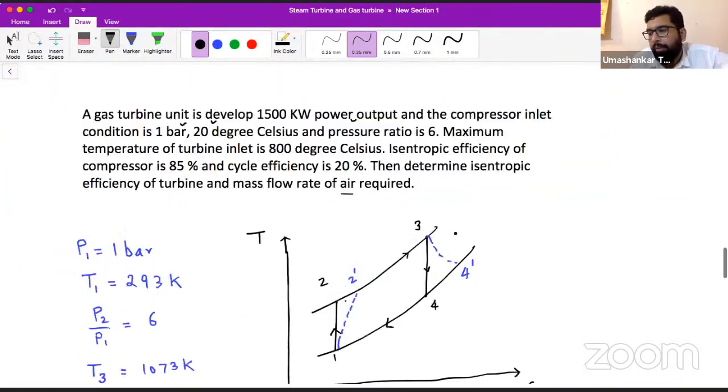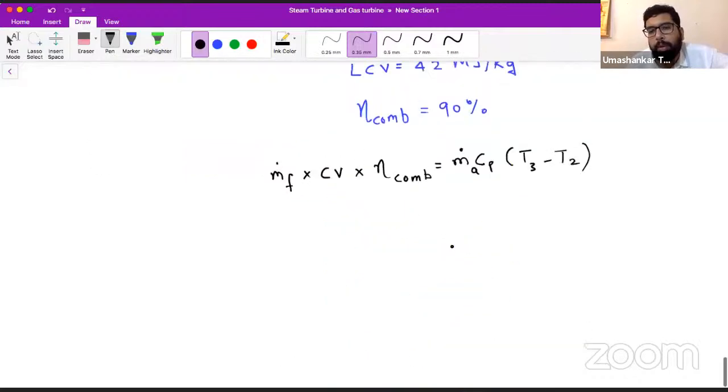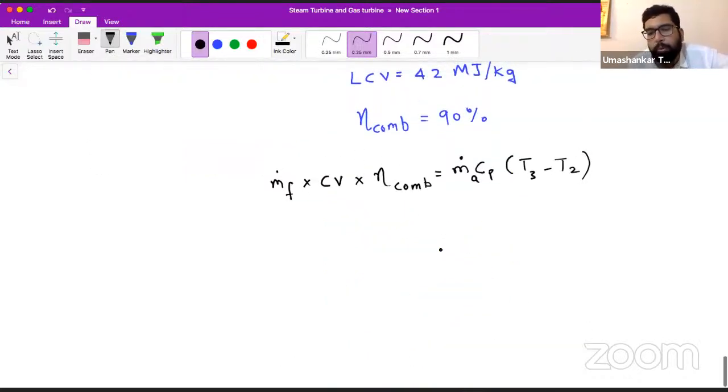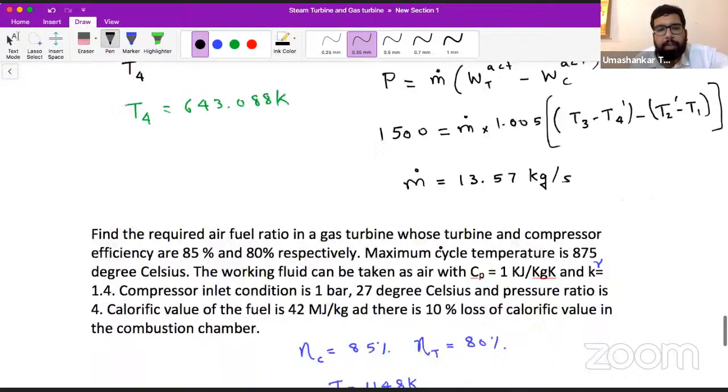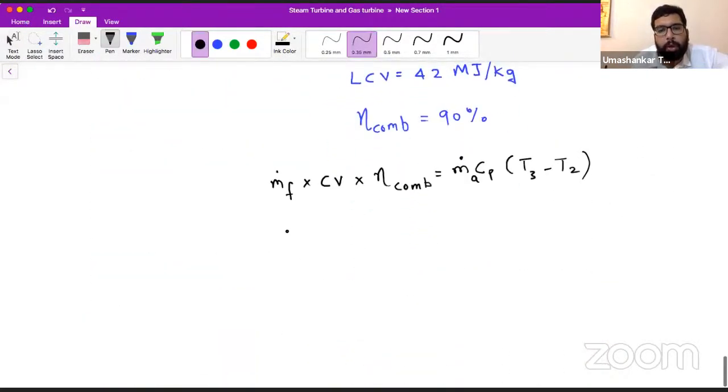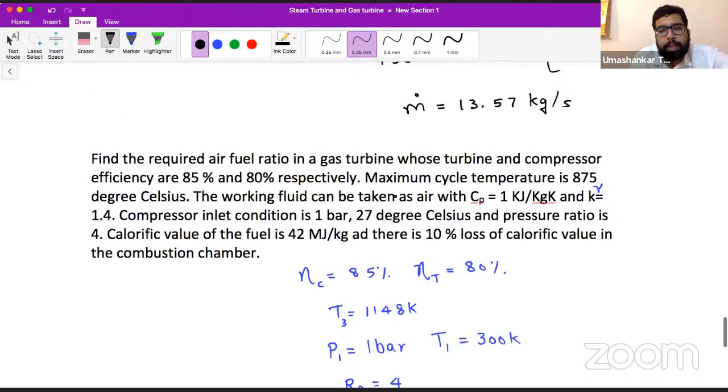Where m dot a is the mass flow rate of air, m dot f is the mass flow rate of fuel. Here we have to get the air fuel ratio, so do not make a mistake. We want m dot a upon m dot f, but here this must be T2 dash, because isentropic efficiency is given. That is why I say always prepare the cycle.